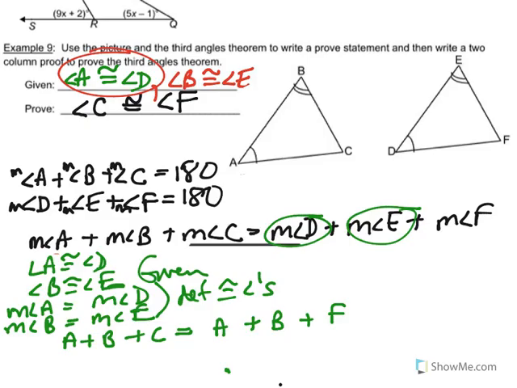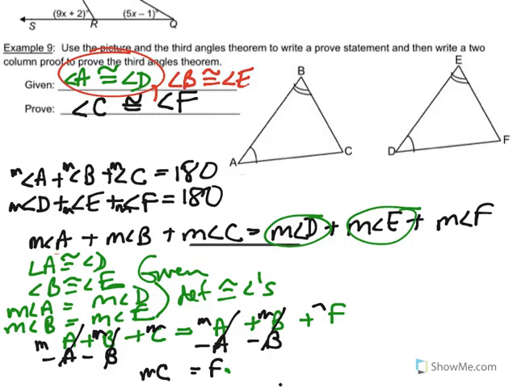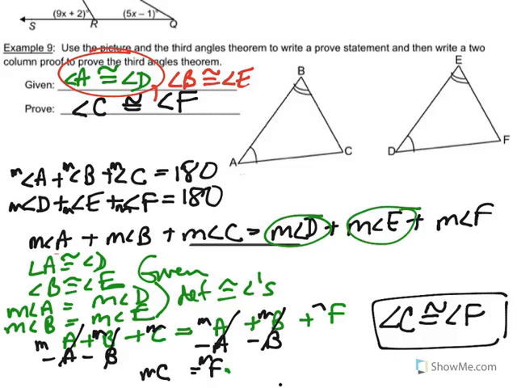Now, if I subtract A from both sides, and I subtract B from both sides using the subtraction property of equality, we get that angle C is equal to F. So assuming we had all our measurement notation in there, we can say the measurement of angle C is equal to the measurement of angle F, and therefore we can say angle C is congruent to angle F, by the definition of congruent angles.